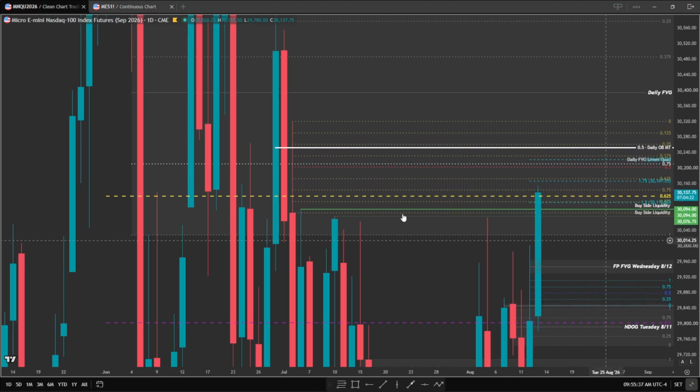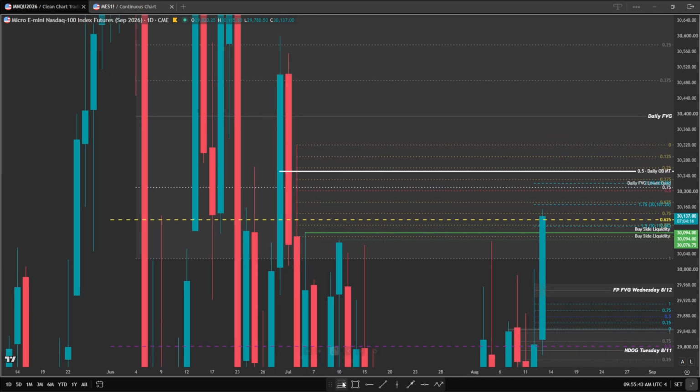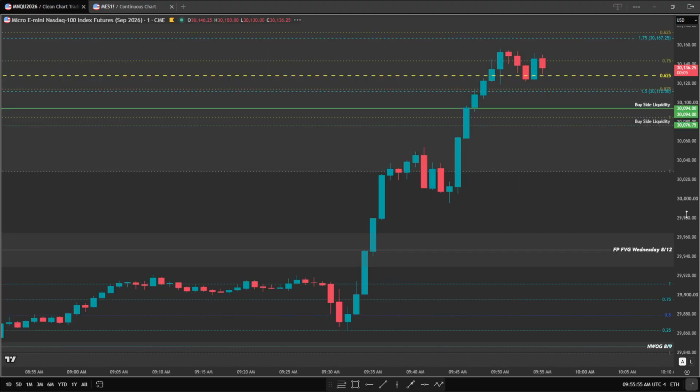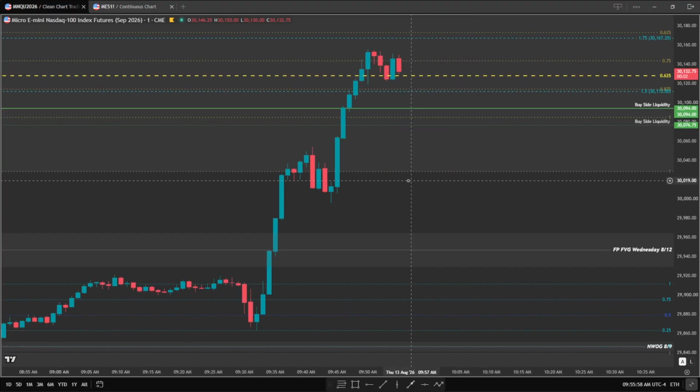There's a lot going on right here. And then there's also that midpoint of this fair value gap. So it looks super cluttered. If I go to the 1 minute, it's not too bad.